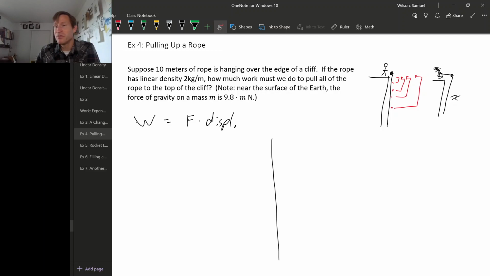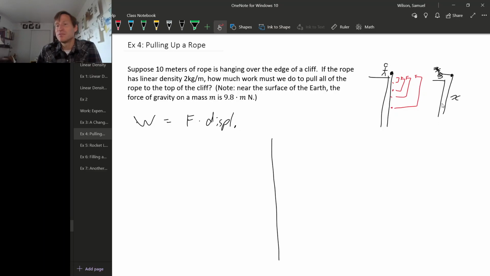So you've pulled up some of the rope and there's only x units left hanging down. In this situation, to make progress on pulling it up, we need to pull up a tiny bit more rope. So we need to move this length of rope up an amount dx.